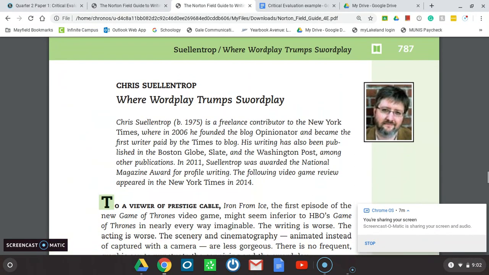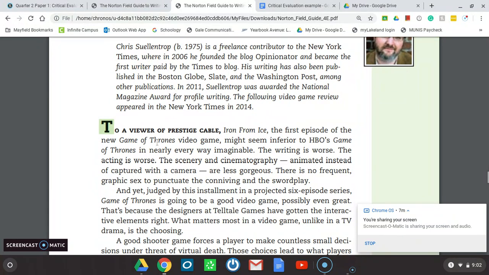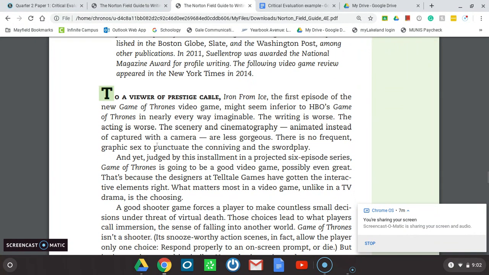Lastly, we have our Wordplay Trumps Swordplay. This is all about the Game of Thrones video game. What is interesting about this one is that the introduction paragraph tells us how the video game is not like the TV show and how the video game is inferior to the TV show. Normally you would say there's going to be a harsh or negative evaluation, and that's not true.